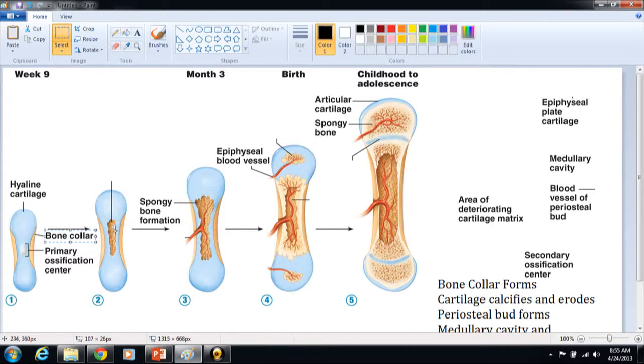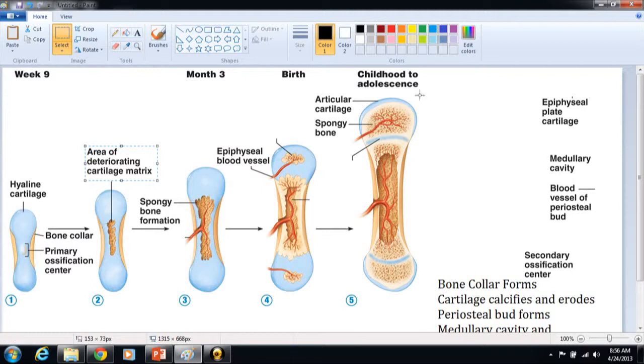Okay, the second step is the cartilage in the middle calcifies, and it starts to erode, forming cavities within your cartilaginous scaffold. But this is not the medullary cavity. This is just cavities being formed by the calcifying cartilage. The medullary cavity is formed later.